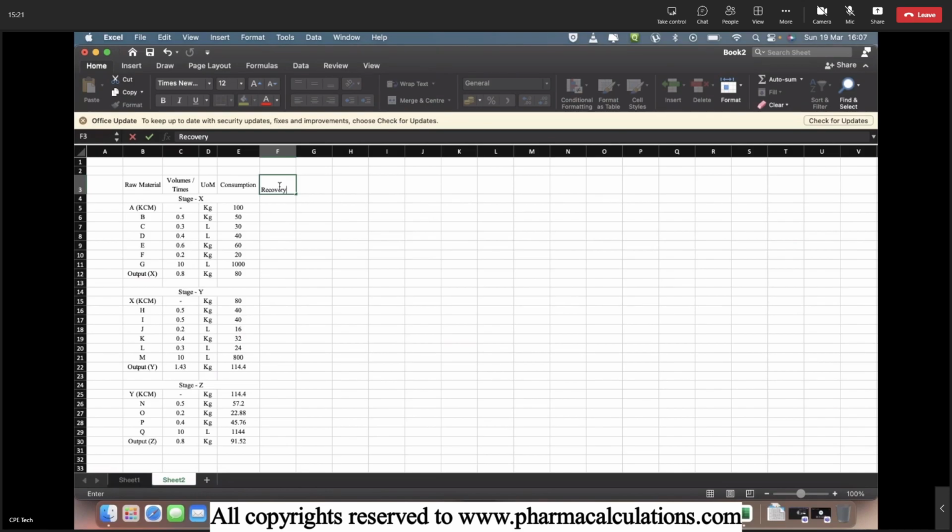So if any raw material is getting recovered, then take the recovery percentage. And the next column is deployment. So deployment means the quantity that is being taken considering the recovery also, like how much fresh you are going to take. So since this is KSM, I don't want to recover it.